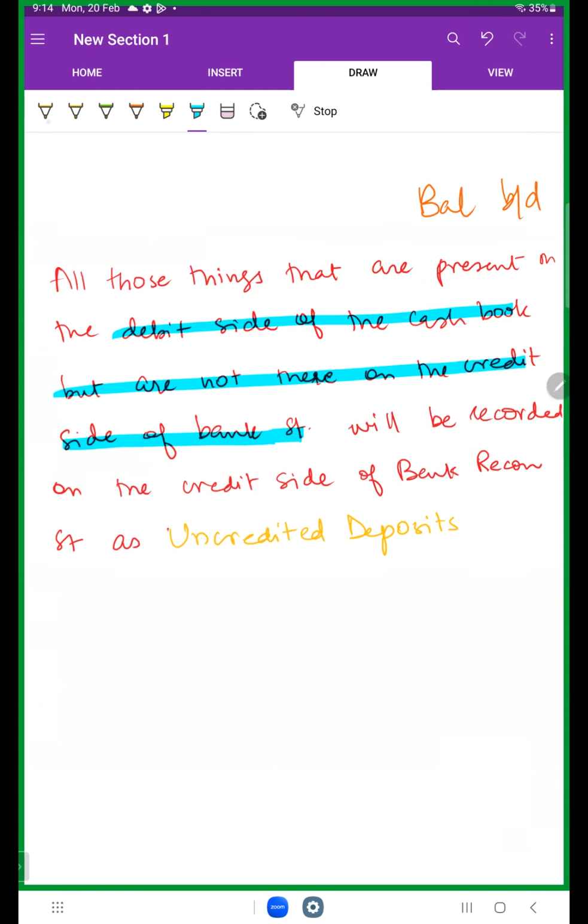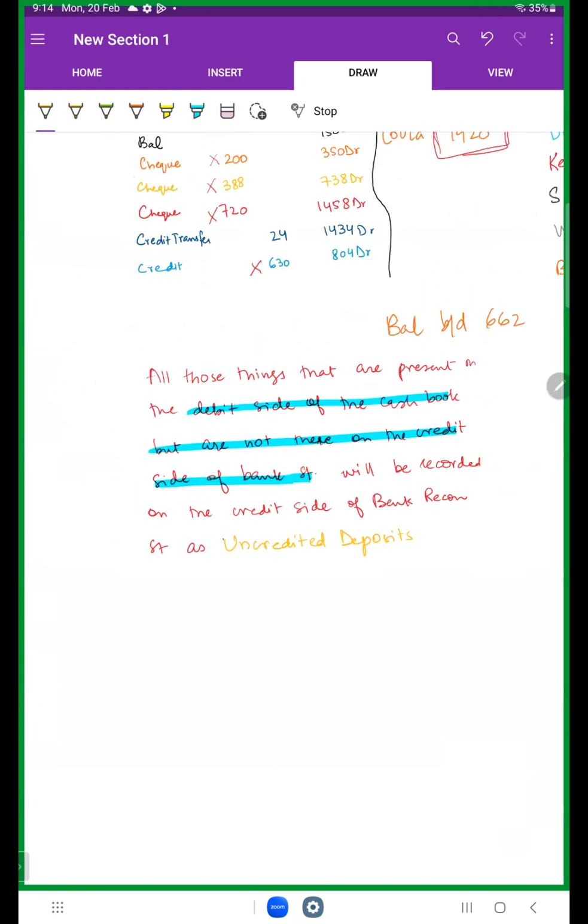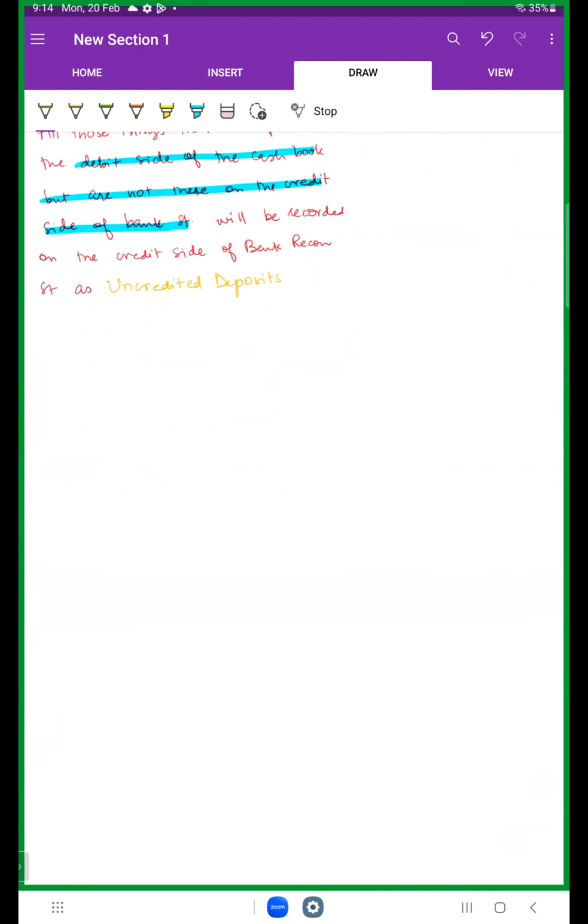Clear? Yes. So it's like bank giro credit and bank lodgements not yet credited, the same thing? Bank lodgements are the same as uncredited deposits, right?